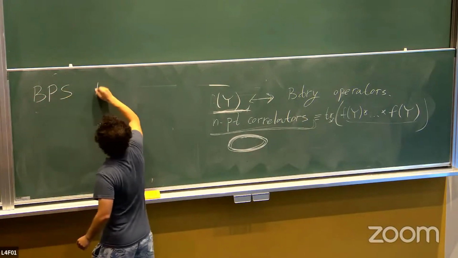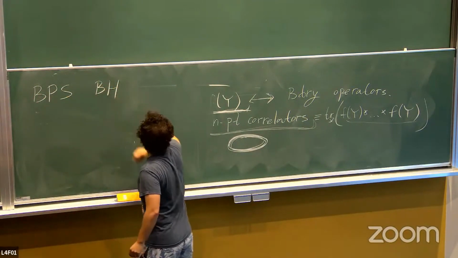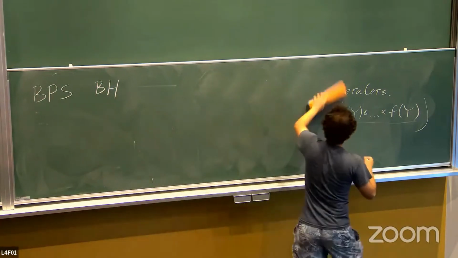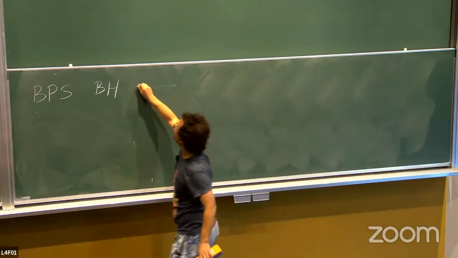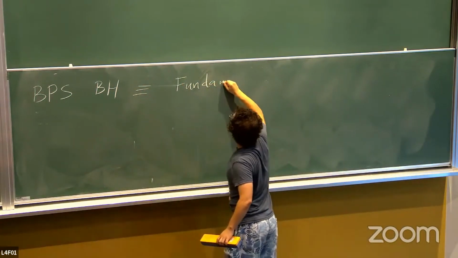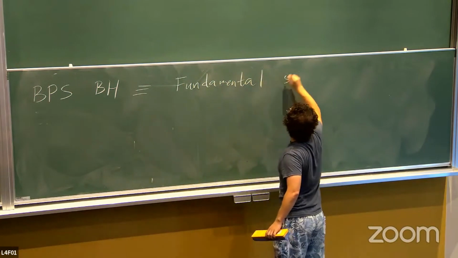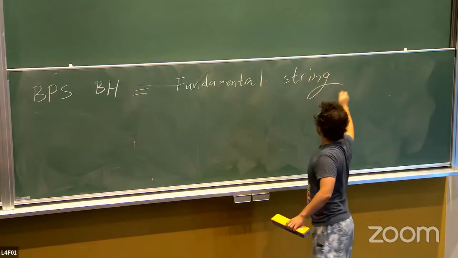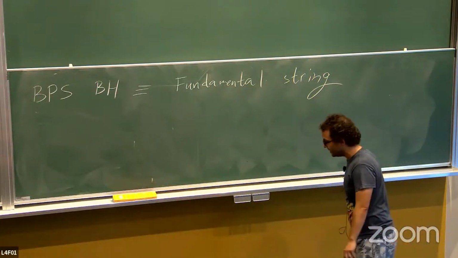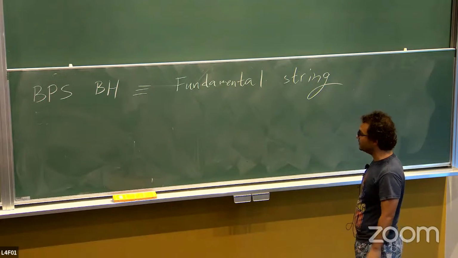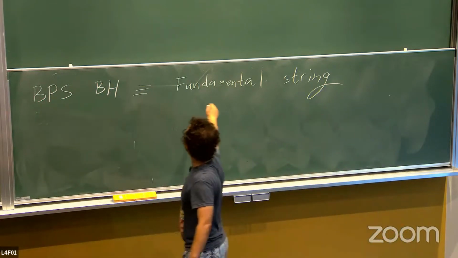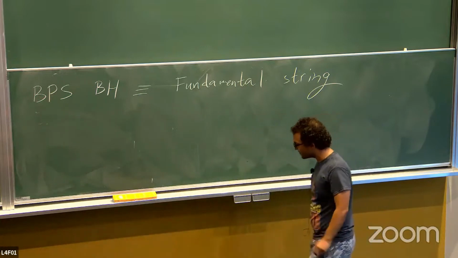That the BPS black hole of higher-spin gravity is actually the analog of the fundamental string in string theory. So it is the bulk image of the non-local boundary operator that completes the infinite tower of local ones.